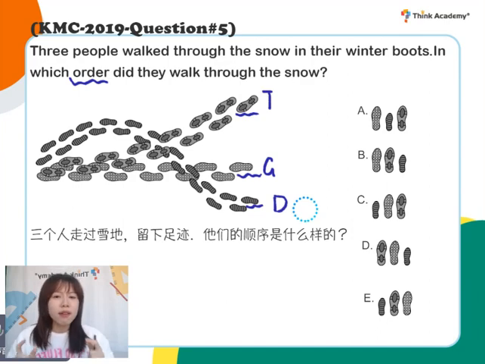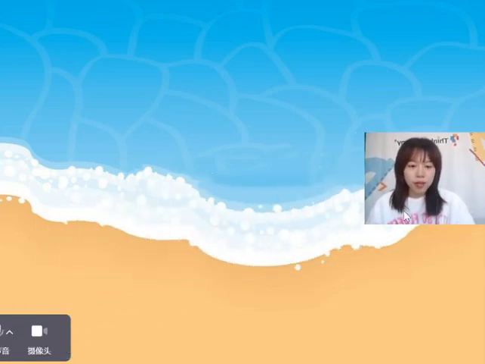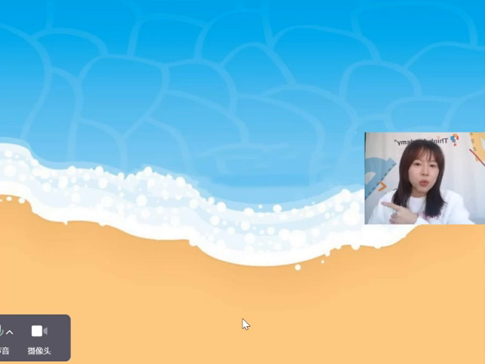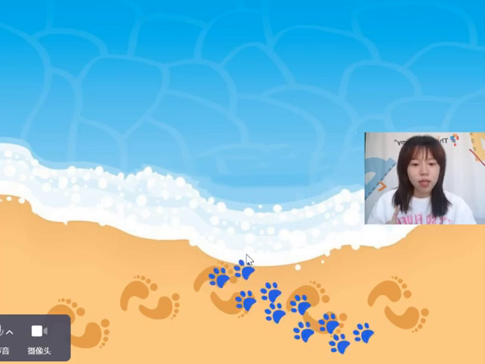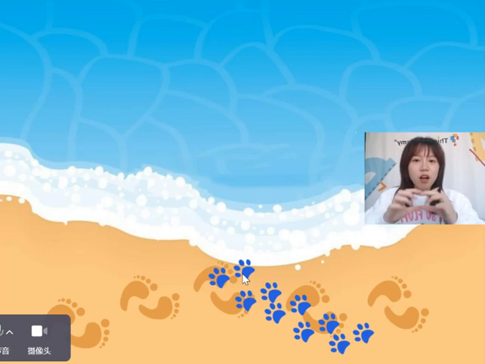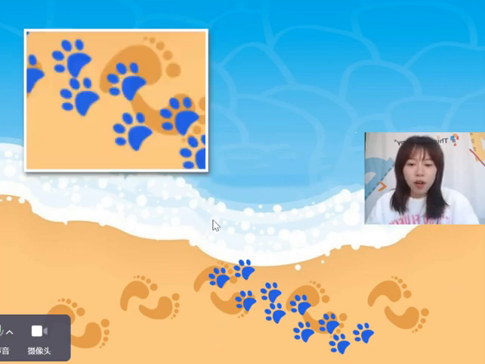So here, let me give you an example to help you. Imagine there is a beach. Here, I put myself here, and you walk through it and leave a series of footprints. Then there is a cute puppy, and we painted its feet blue. So it leaves a series of blue footprints here. So think about this. Let's enlarge their overlapping parts to find it.